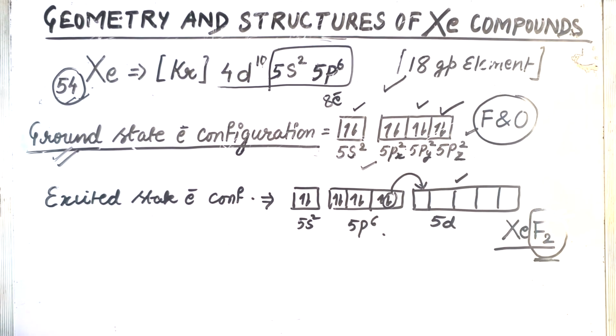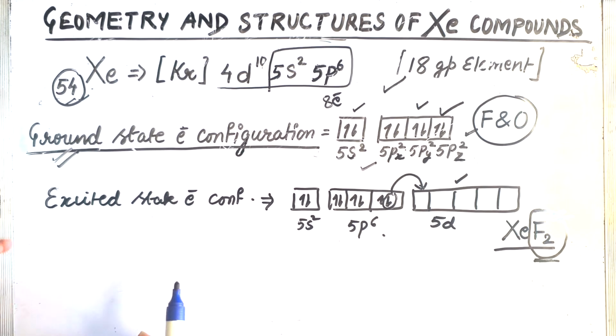The reason is that in the ground state, xenon is not utilizing those orbitals. Although they were present, they were not needed, so they were not mentioned. But in this case, xenon is using them for the bond with other elements, so we are drawing them. They are always available in the 5th shell.